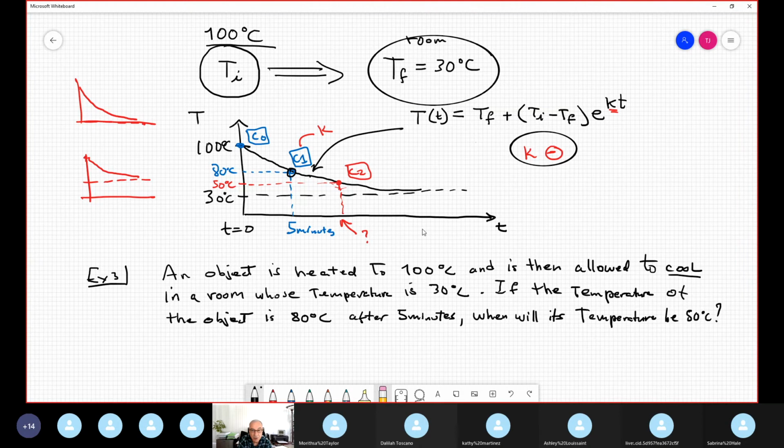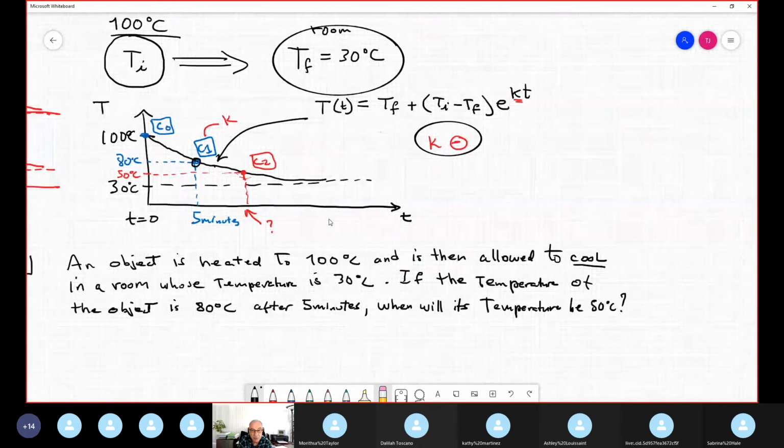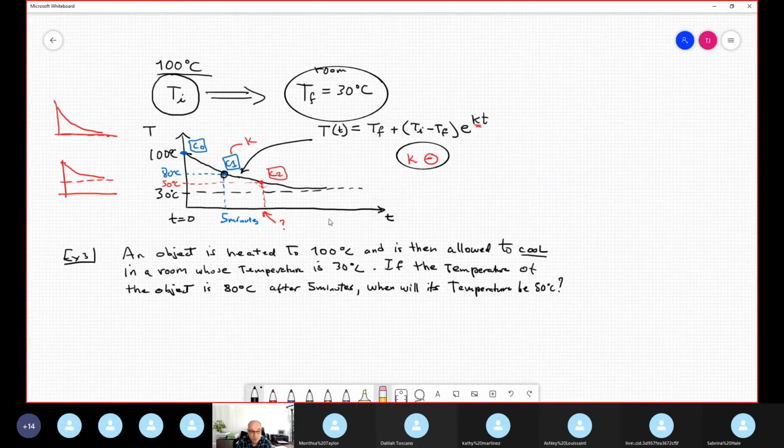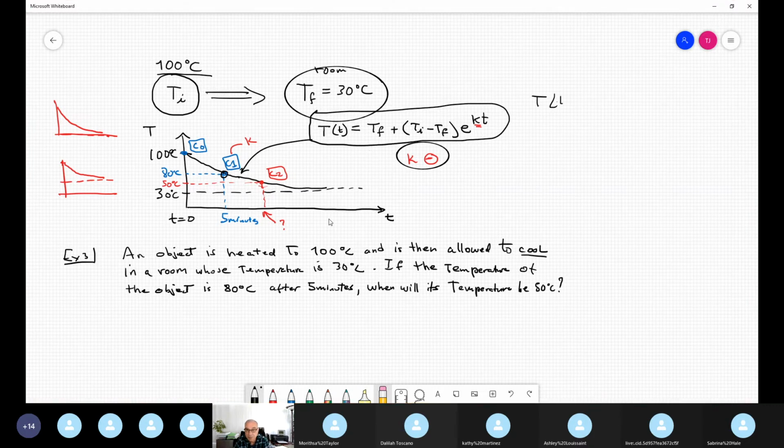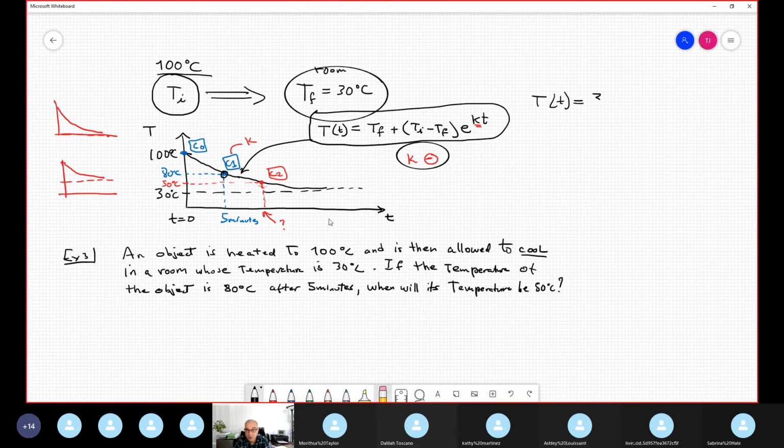Okay, what formula are you using? That formula. In our specific problem, what is the final temperature? 30. The temperature at any time is equal to 30 plus the initial minus final, so 100 minus 30, times e to the KT. This is my formula.